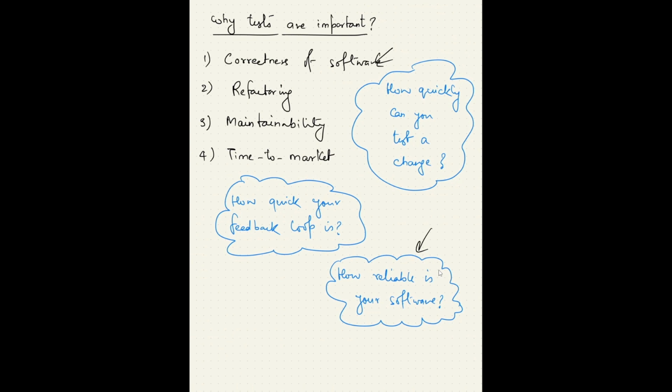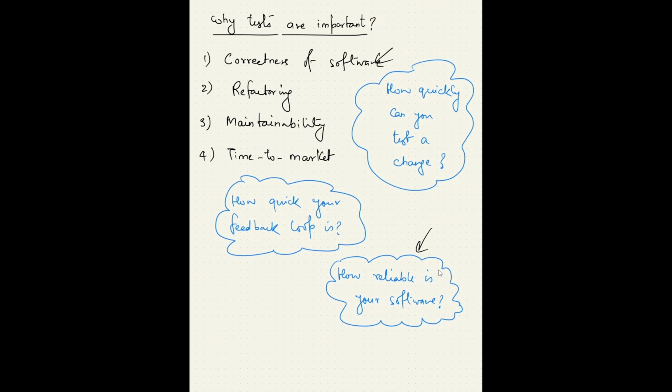We don't know if this software will be able to handle the error scenarios in a graceful way. We don't know if it will work as expected. It will behave as per the expectations. So test cases make sure that we are able to test the correctness of the software so that we can say that a certain piece of code is reliable. So they are directly connected to the reliability of the software.